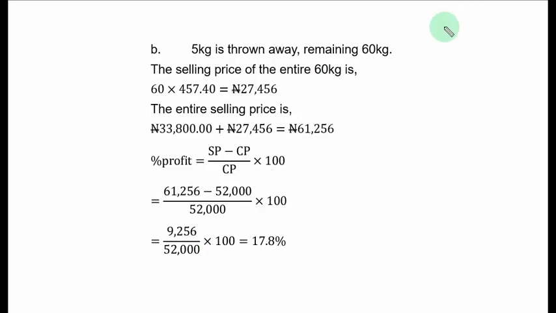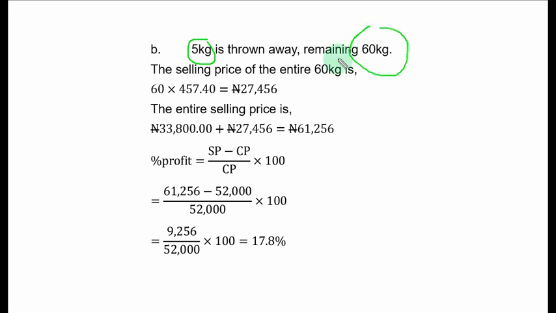B part of the question, you have to look for the percentage profit for the entire sales. From the beginning to this point, the entire sales was 65 kilogram. At this point, she threw away 5 kilogram, so you are left with 60 kilogram.